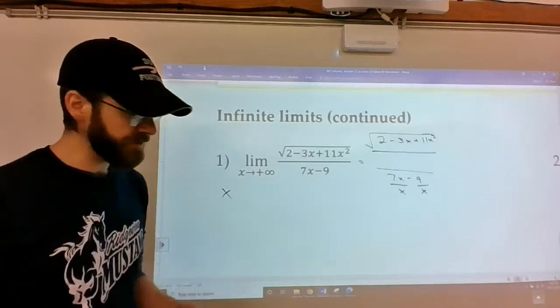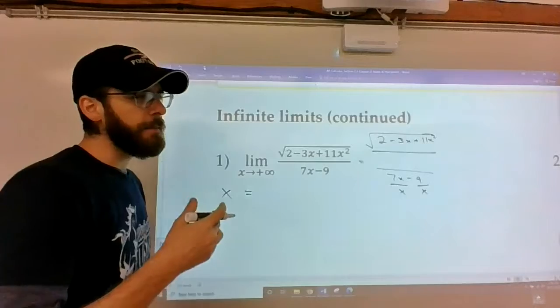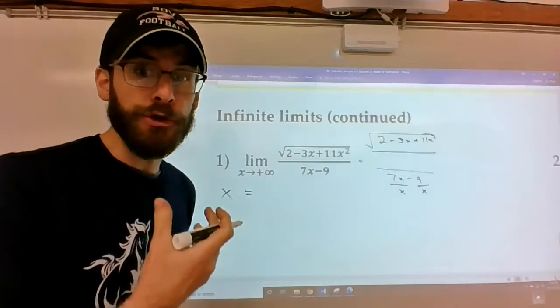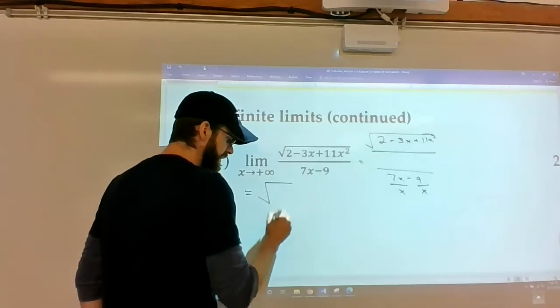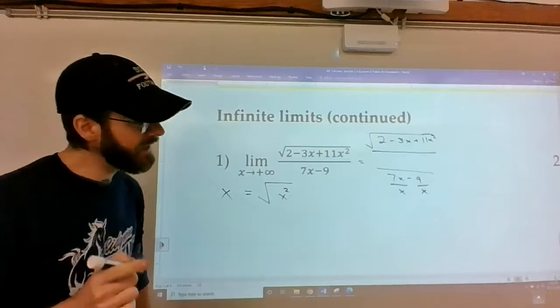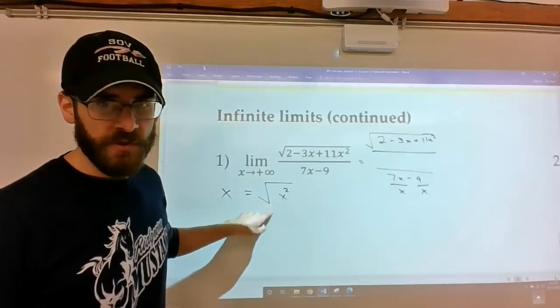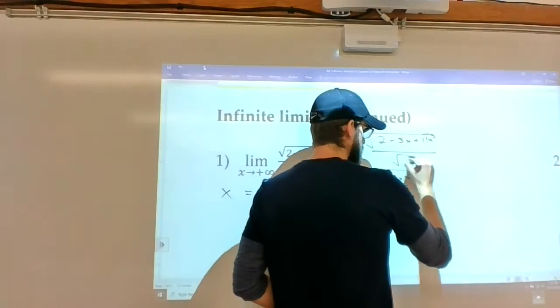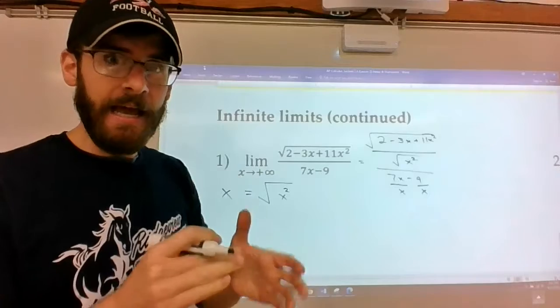What I mean by that is x can be produced if you took the square root of x squared. That's a square root. So if I divide it by the square root of x squared, I'm technically dividing both the top and the bottom by x.